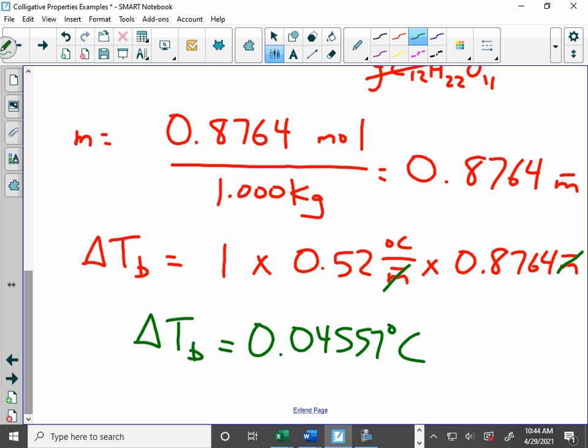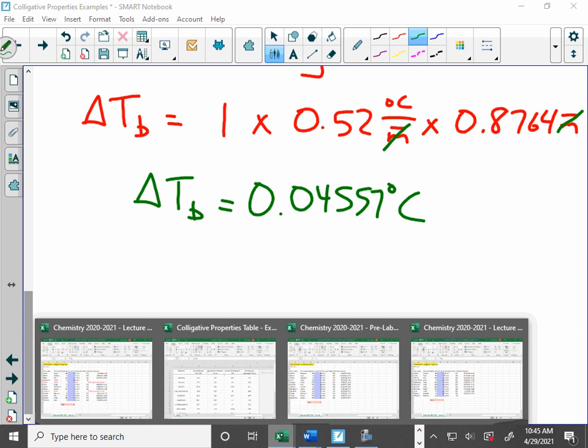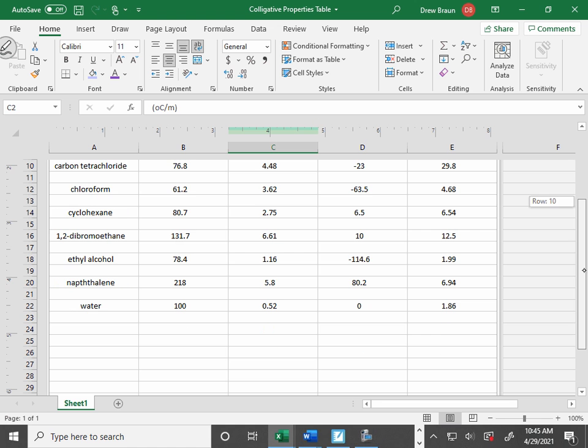Now, ladies and gentlemen, I'm not done yet because that's my change in my boiling point. I go back to my chart here. What is the boiling point of water? Well, that's an easy one. We should know that. That's 100 degrees, okay?